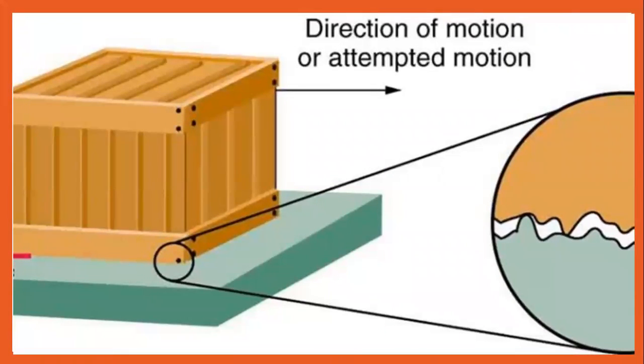Same if there is no friction on the floor, we cannot walk or stand on the earth. Yes, here you see the example of friction, direction of motion or attempted motion.